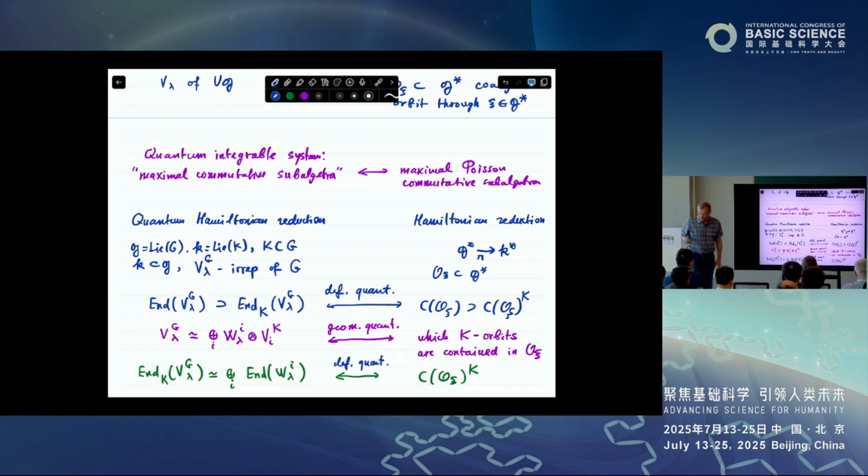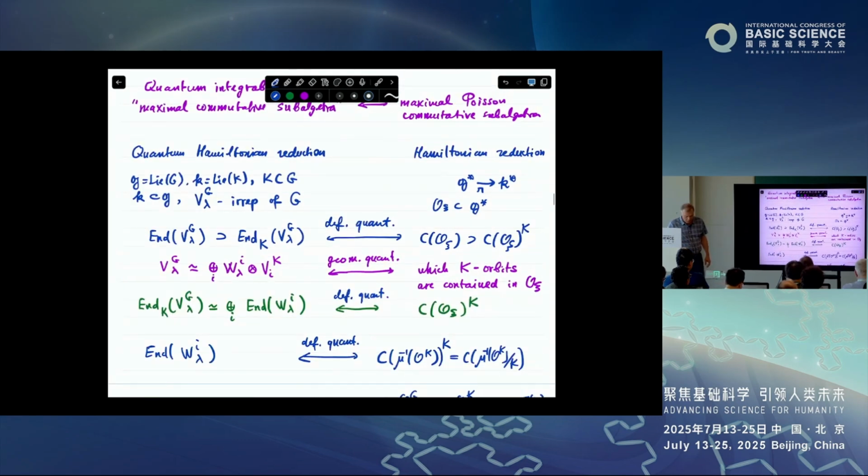Here is an example that demonstrates the quantum analog of Hamiltonian reduction. Let's consider Hamiltonian reduction in a very simple case. You have a finite dimensional simple Lie algebra, and a finite dimensional Lie subalgebra, and you have the corresponding Lie groups, G and K, a subgroup. On the left, you have irreducible representations of G. On the right, you have coadjoint orbits in g star.